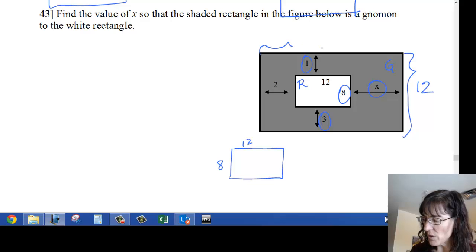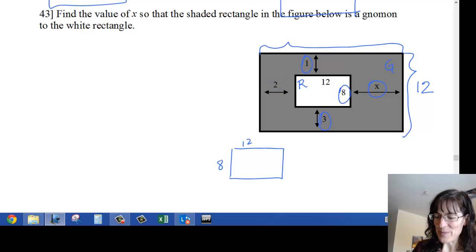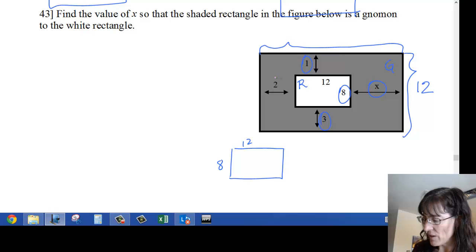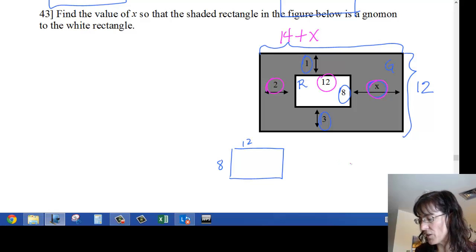And across the top, it's going to be 12 plus 2. Let's see, maybe if I change colors, that'll help a little bit. So I have 2 plus 12 plus x, and so that's going to be 14 plus x for the length of the other side.